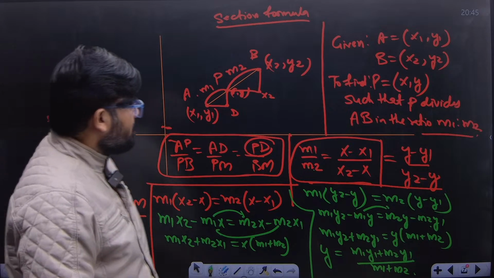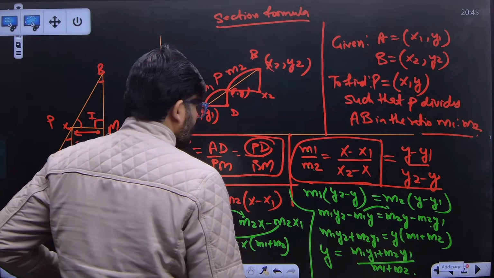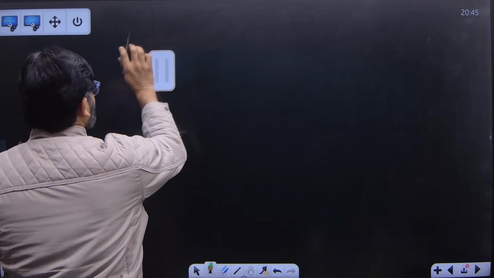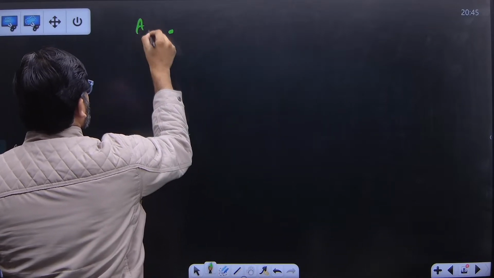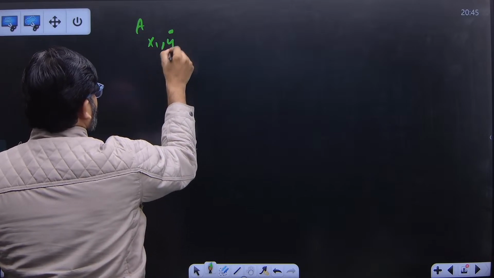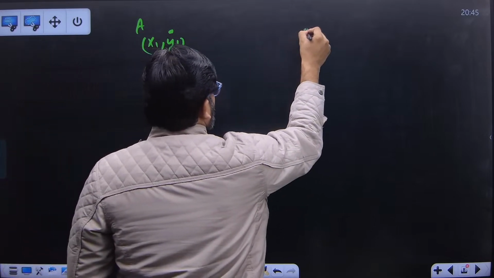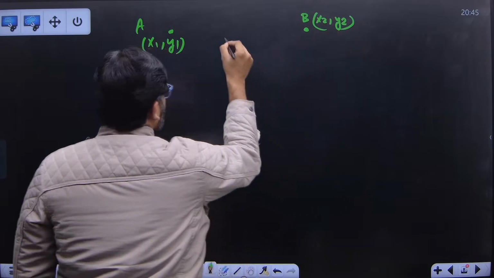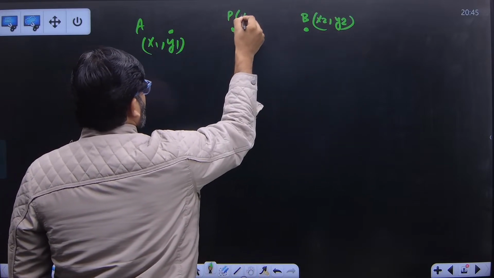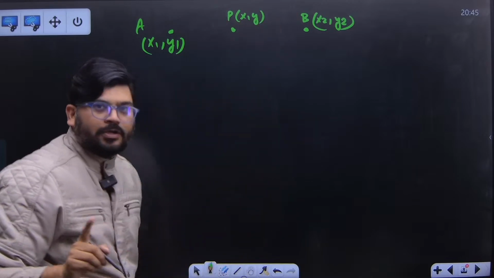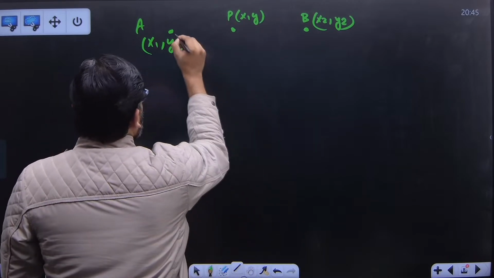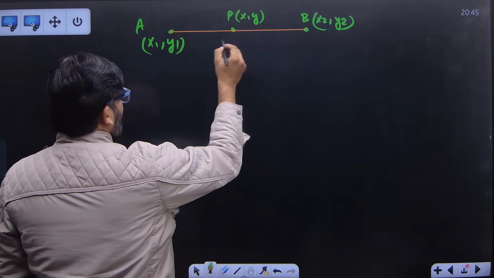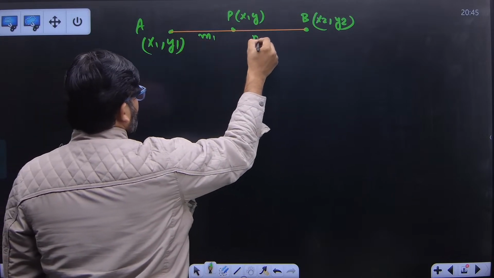So now let us try to easily remember the formula. Let us suppose no more figures now. Let us say that A is x1 comma y1 and there is a point B x2 comma y2. And there is a point P whose coordinate is x comma y, which needs to be found out. It comes between the line joining AB, and it divides in the ratio m1 is to m2.